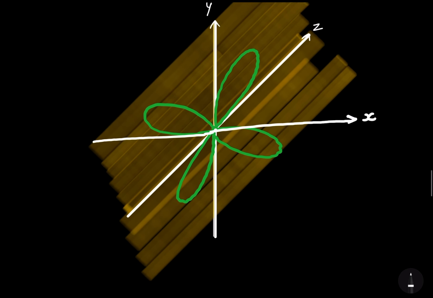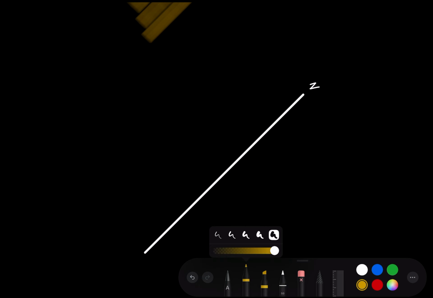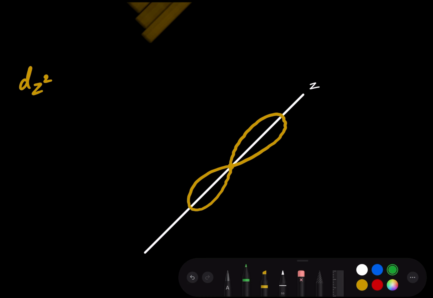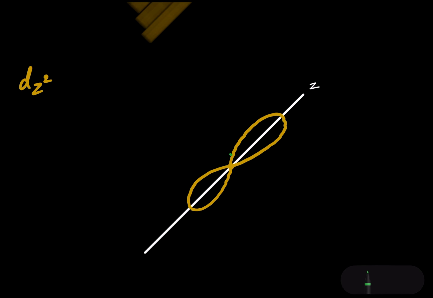Now let's move to the next one. That's dz square. Now I'm drawing dz square. Let's say nucleus is present over here. The lobe will be present on the z-axis. It's also a double dumbbell, but another dumbbell will be present as a ring over the first dumbbell.